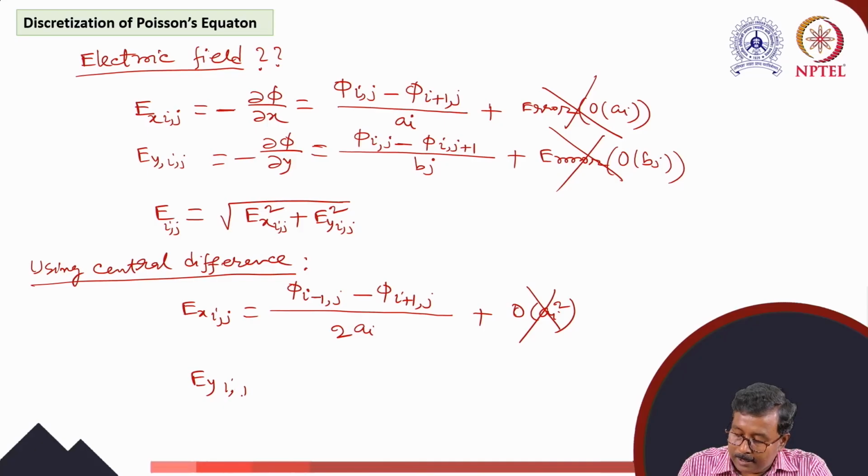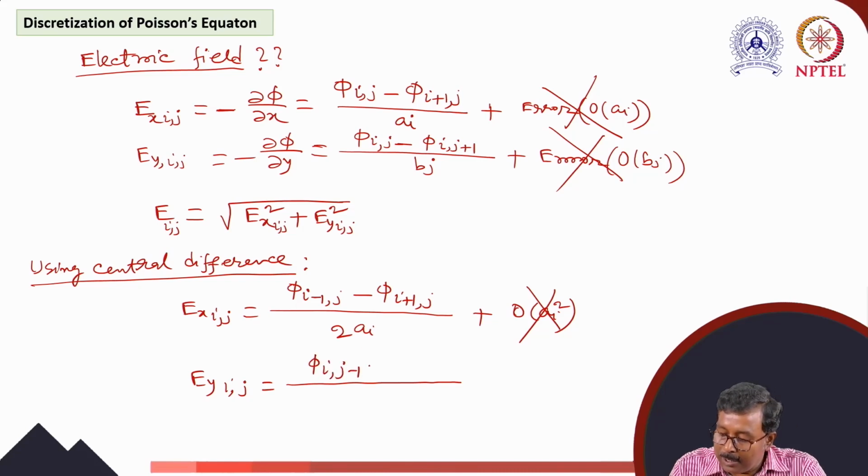Eyij also will be phi i j minus 1 minus phi i j plus 1 by twice bj, plus some error that is of the order of bj square.